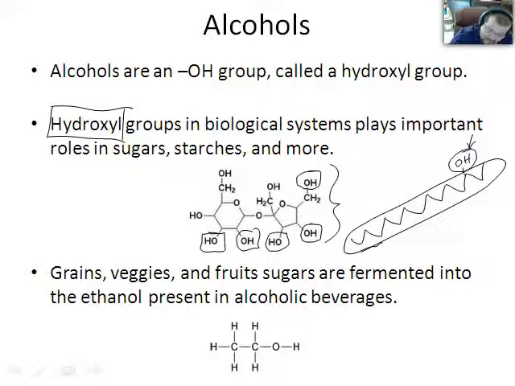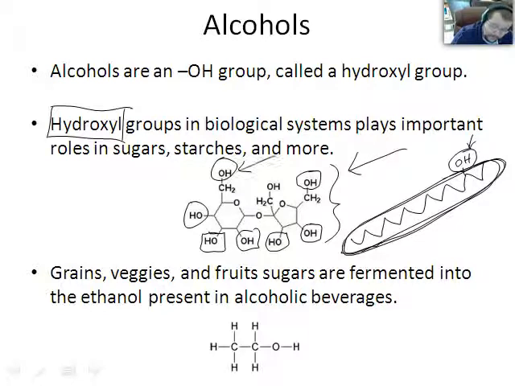So now it can hydrogen bond. But most of the molecule is not capable of hydrogen bonding. So this molecule to the right here that I've just drawn, the skeletal structure of, wouldn't mix well with water. But the molecule on the left, the sugar, is large, but it has alcohol groups all over it. So it's going to interact well with water. It's going to be able to hydrogen bond in multiple locations.